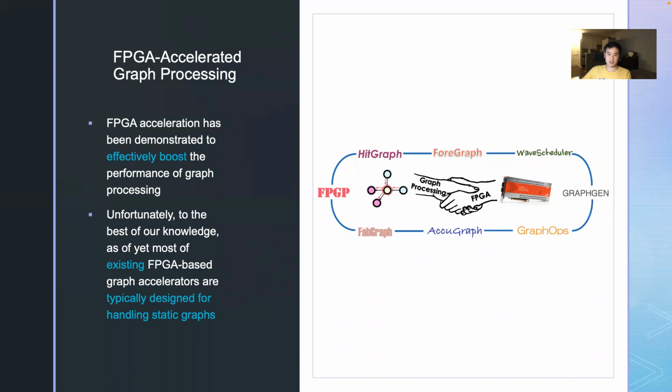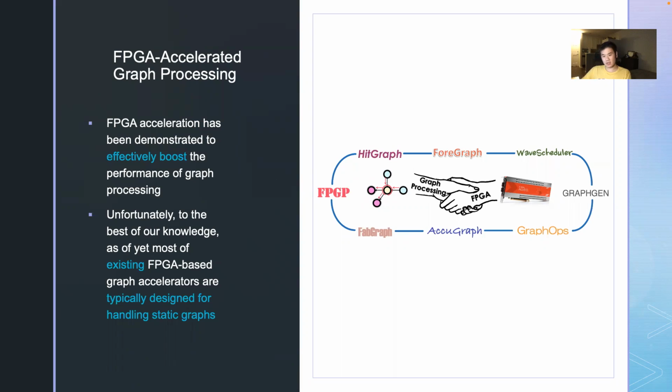In recent years, FPGA acceleration has been demonstrated to effectively boost the performance of graph processing. In particular, FPGA can be regarded as one of the most promising hardware platforms for graph processing due to its parallelism, low power consumption, and flexible configurability.